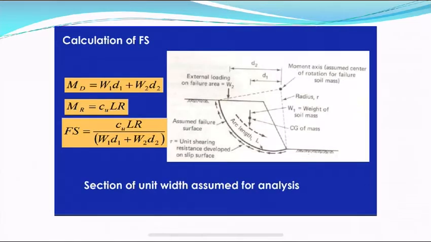In the calculation of factor of safety, if you have an external load within the failure zone, either a disturbing load, then if this is identified as the potential failure surface, the load is distributed over its length perpendicular to the plane, and the center of gravity of that load is located.